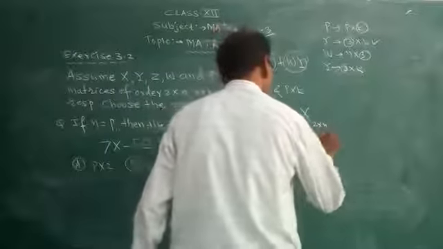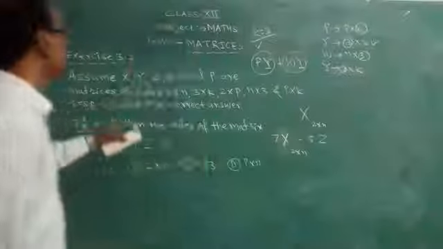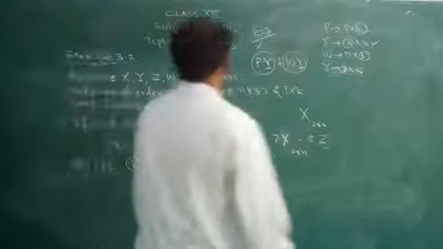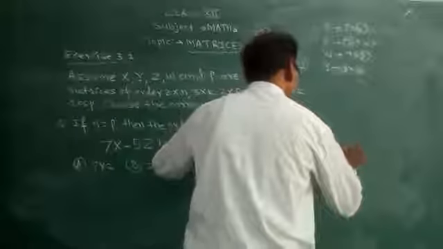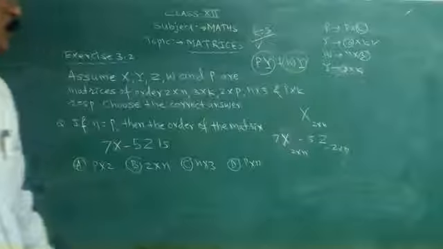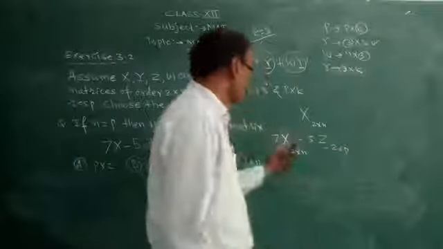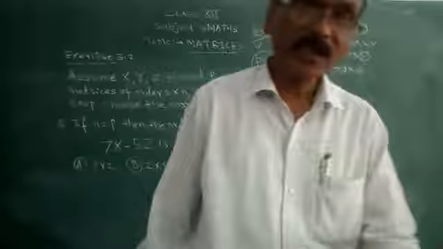The order of Z is 2 by P. Now the subtraction is possible only if X and Z are matrices of the same order.